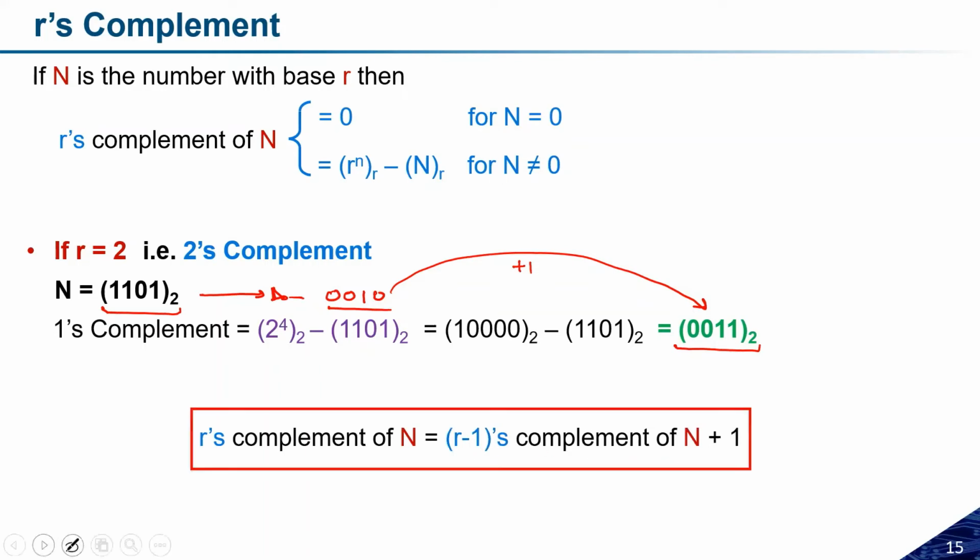This is how the r's complement can be calculated. Simply, suppose I have a binary number system, then I have to complement each digit, and after complementing, if I add 1, that will become the r's complement. So this is a simple technique to calculate the r's complement of any number.